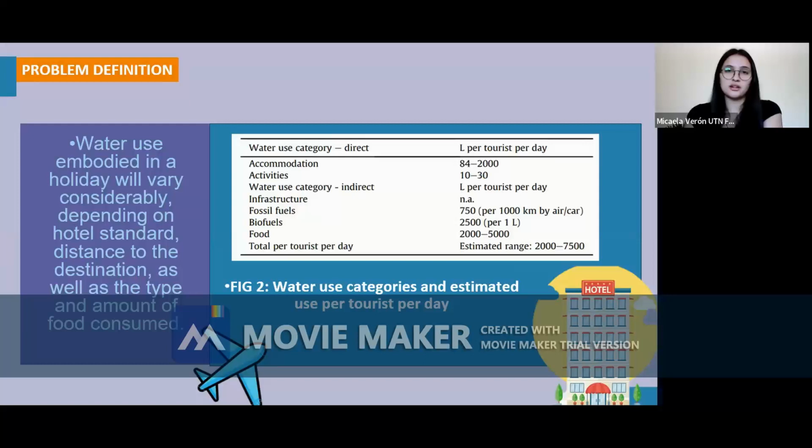These classifications are direct use of water and indirect use of water.